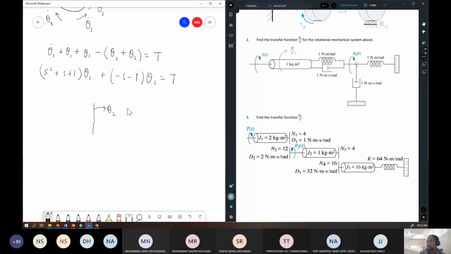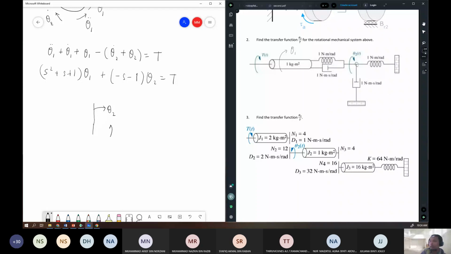So on theta 2, we have the spring 1 Newton meter per radian, and then another spring 1 Newton meter per radian, and then two dampers similar to spring. So we have 1 Newton meter second per radian, and another one 1 Newton meter second per radian. So we have four torques from theta 2.